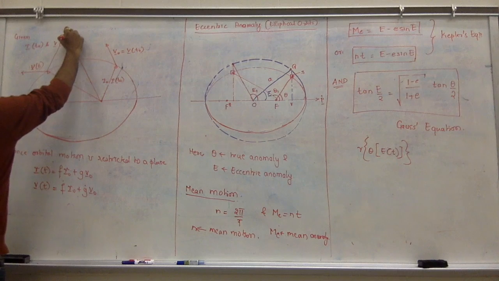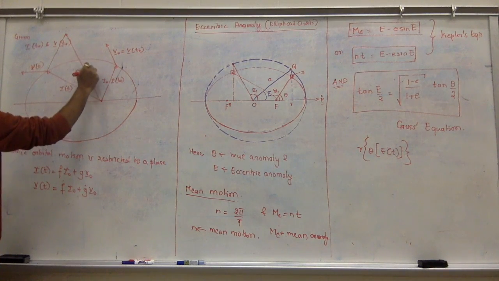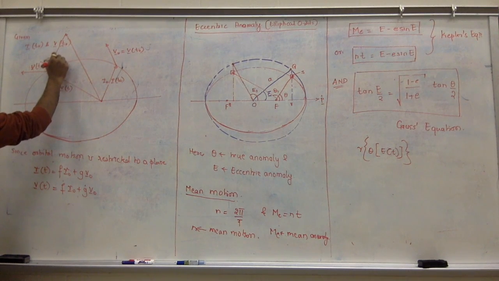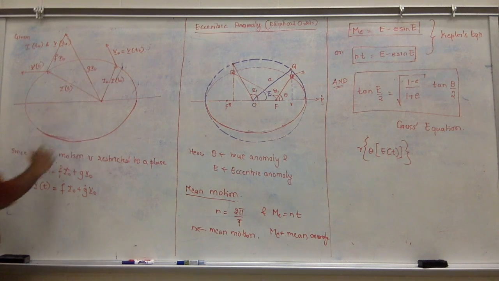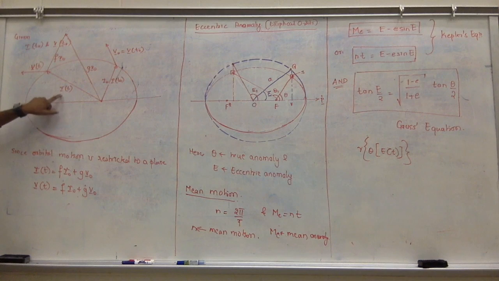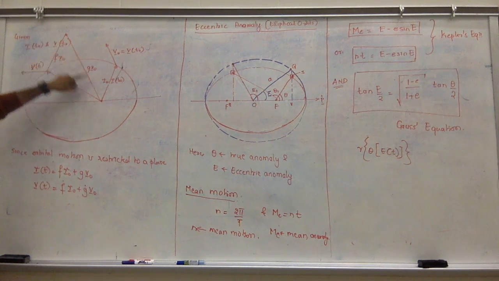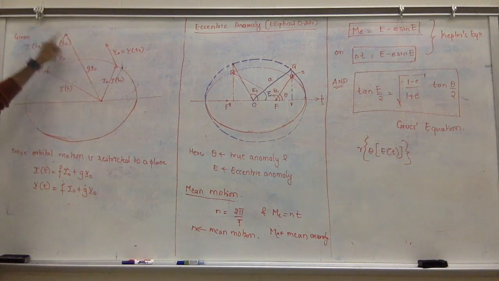So just look at this. What is this? This is f times r naught, and this is g times v naught. I can express this r as some component of, it's like a triangle.